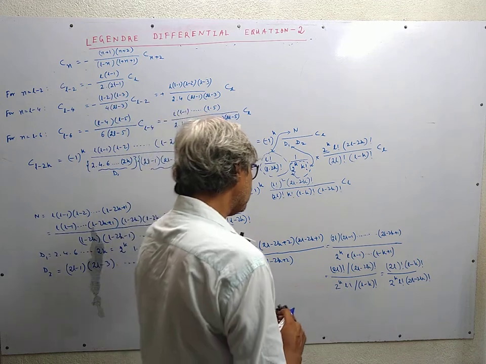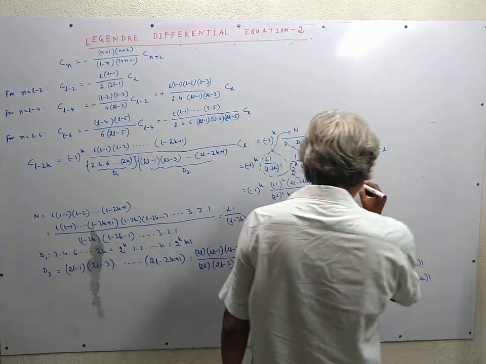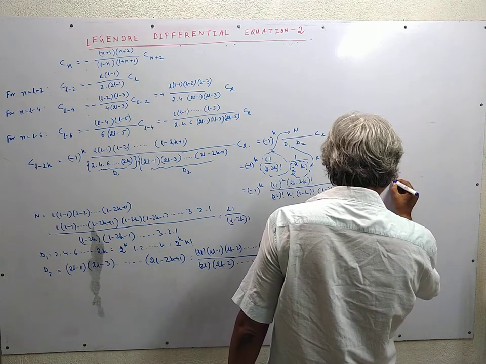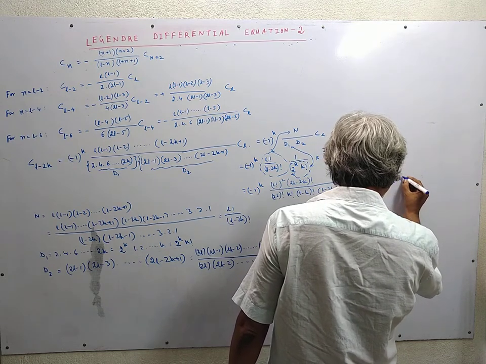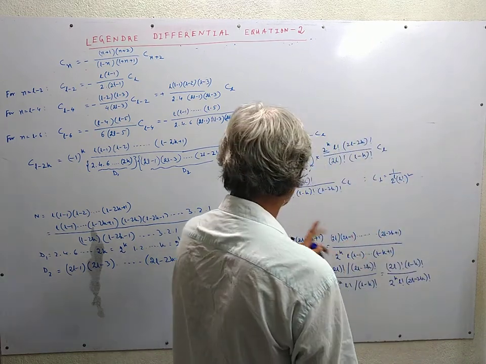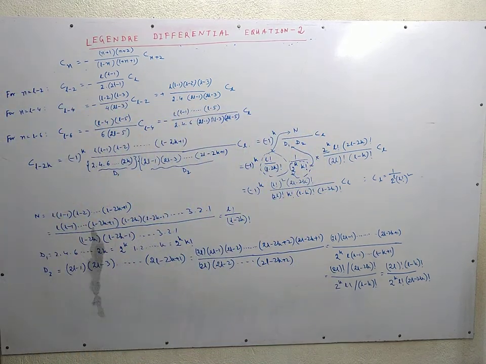C of L is chosen as 1 upon 2 to the power L, L factorial square.